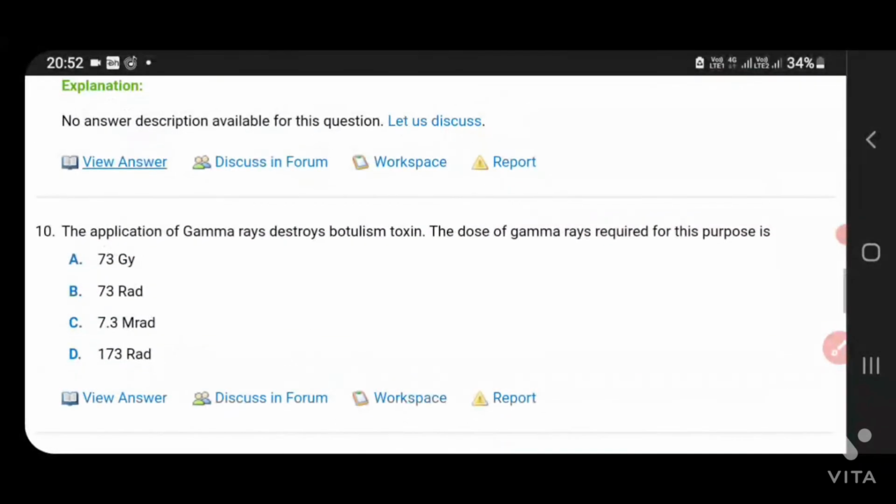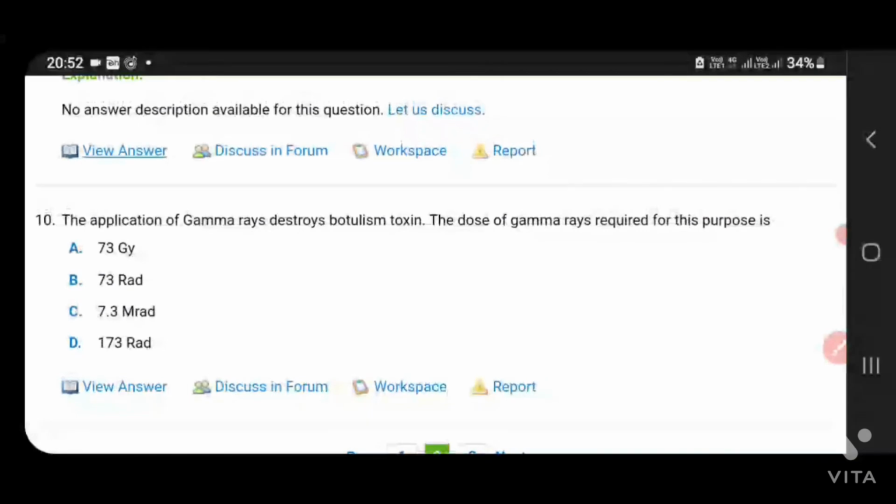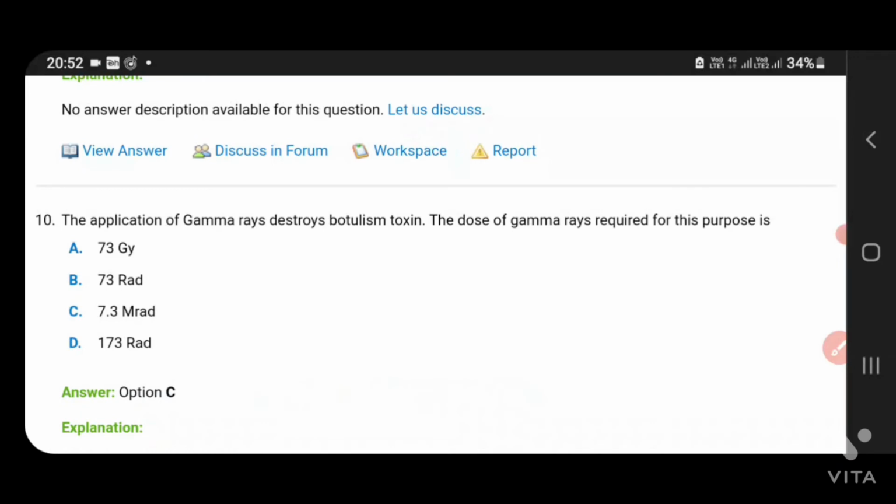Then application of gamma rays destroys botulism toxins. The dose of gamma rays required for this purpose is how much? It is 7.3 million rad.